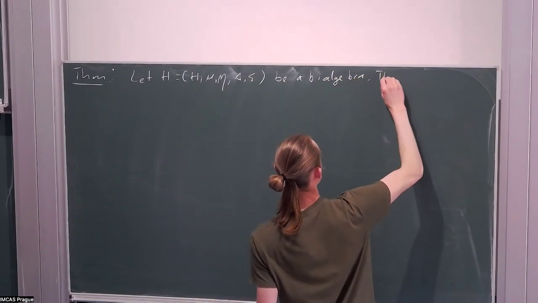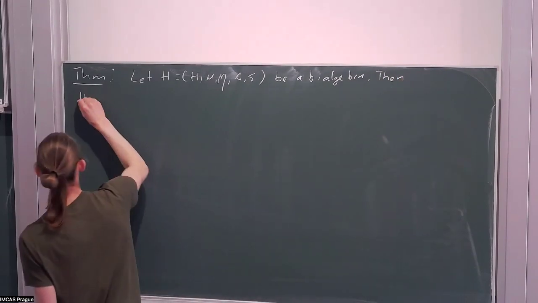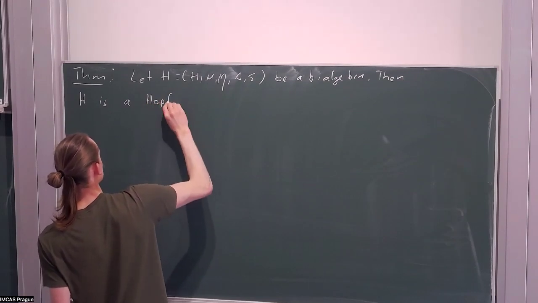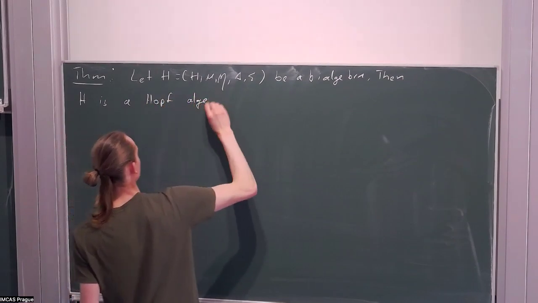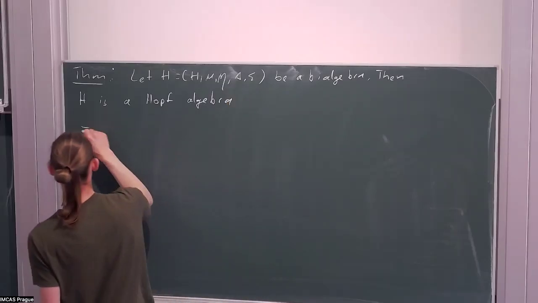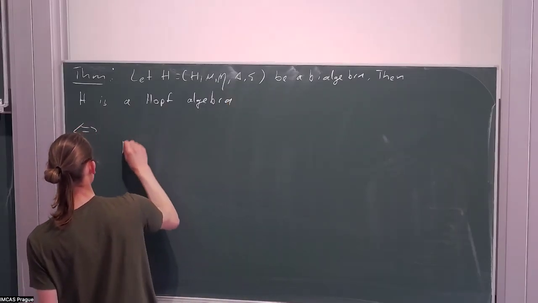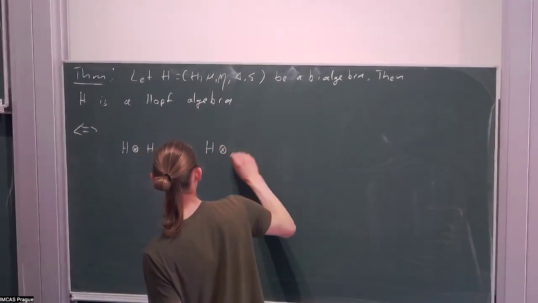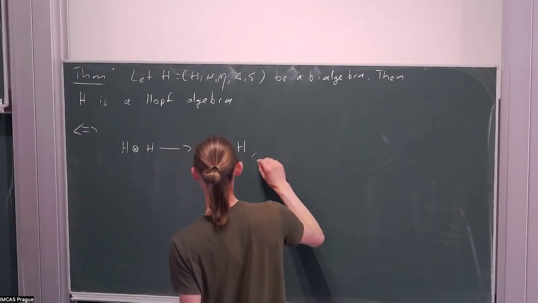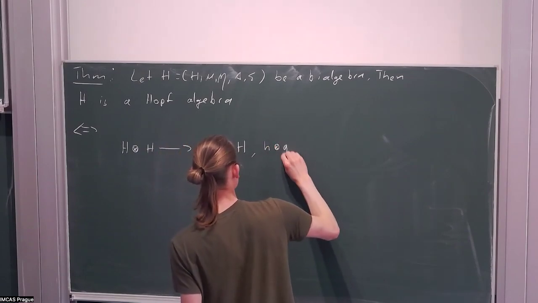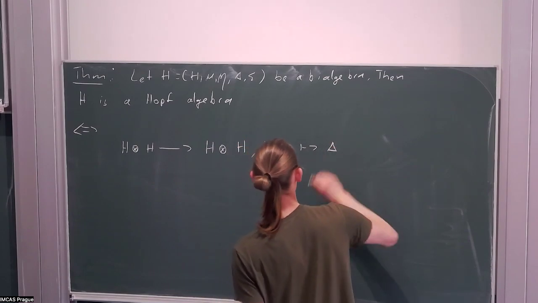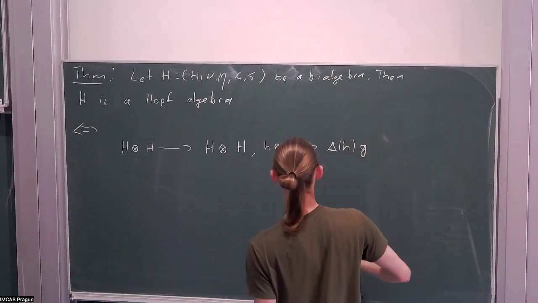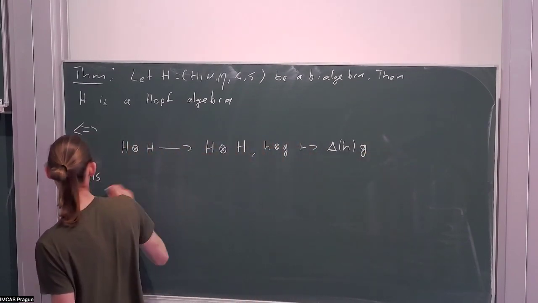And then H is a Hopf algebra if and only if the map from H tensor H to H tensor H, which sends h tensor g to first applying the coproduct to h and then multiplying with g, is bijective.